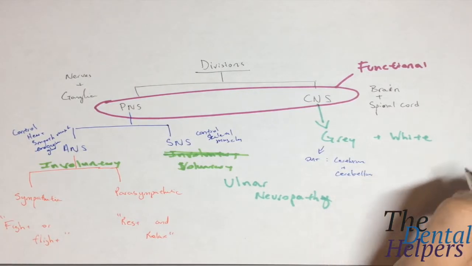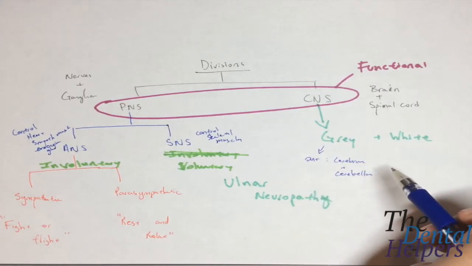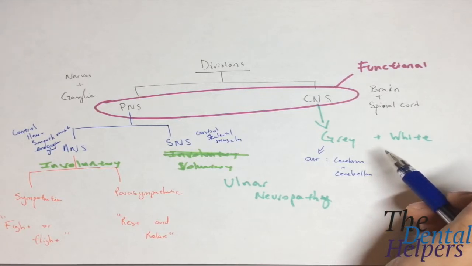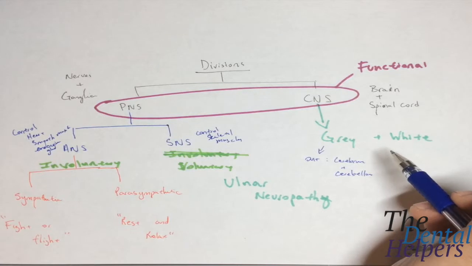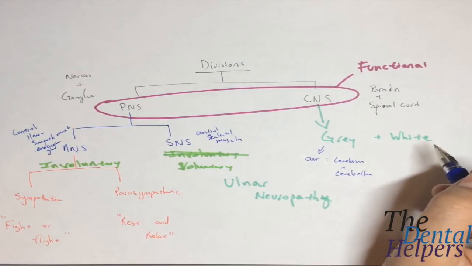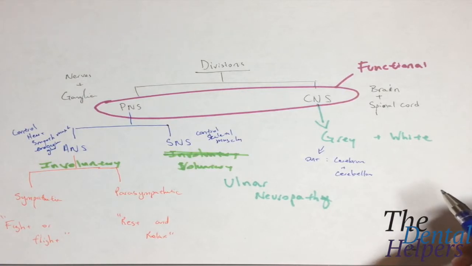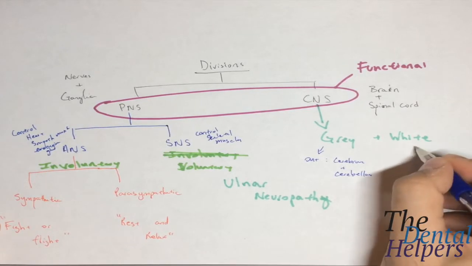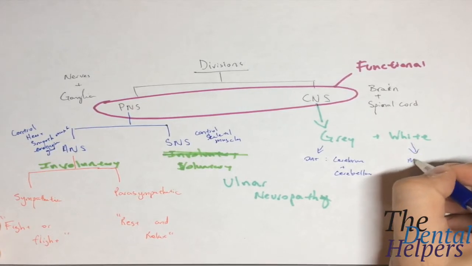And it's called gray matter because it's going to have numerous cell bodies, and relatively few myelinated axons. And we're going to get into what myelination is in the neuron video. But basically what myelin is, it's this fatty coating that surrounds the neuron, or the axon itself, and that's going to allow for higher conductance. But the gray matter doesn't really contain that much myelin, while the white matter is going to be myelinated.